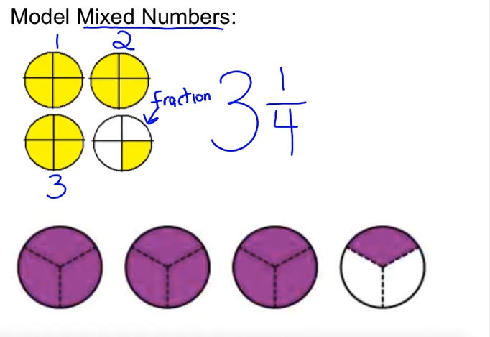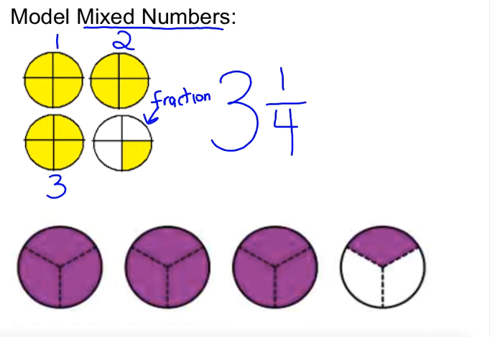Moving on to the next, I also see 4 circles. However, they're cut into thirds, so that will be my denominator on the fraction. I have to count how many circles are completely shaded in.